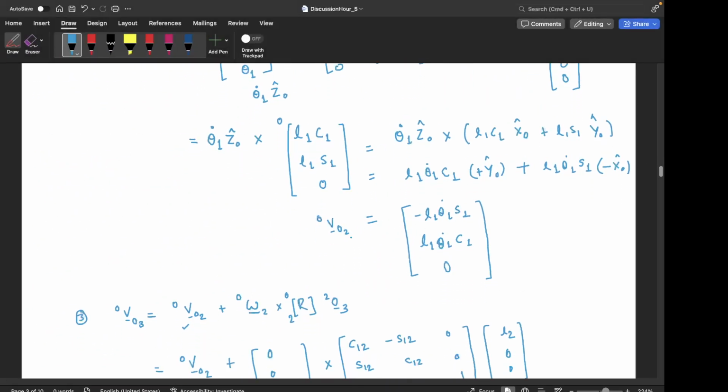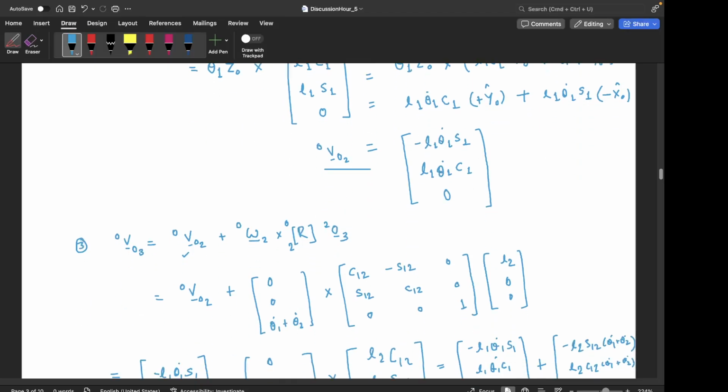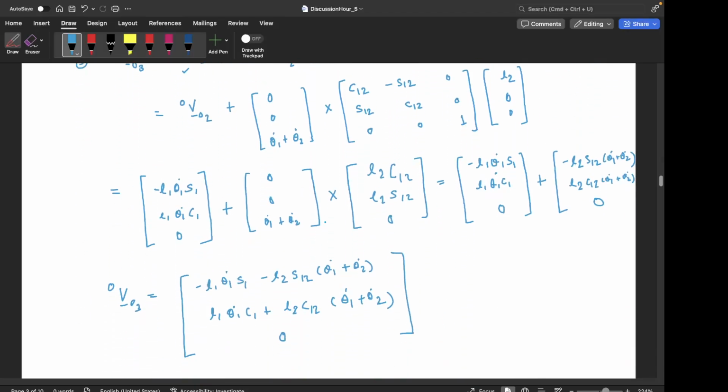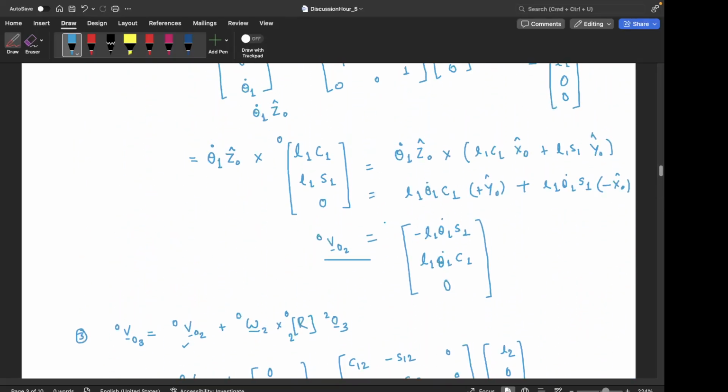So this velocity that we have derived is the velocity of origin 2 with respect to the base, and this is origin 3 with respect to the base, right?